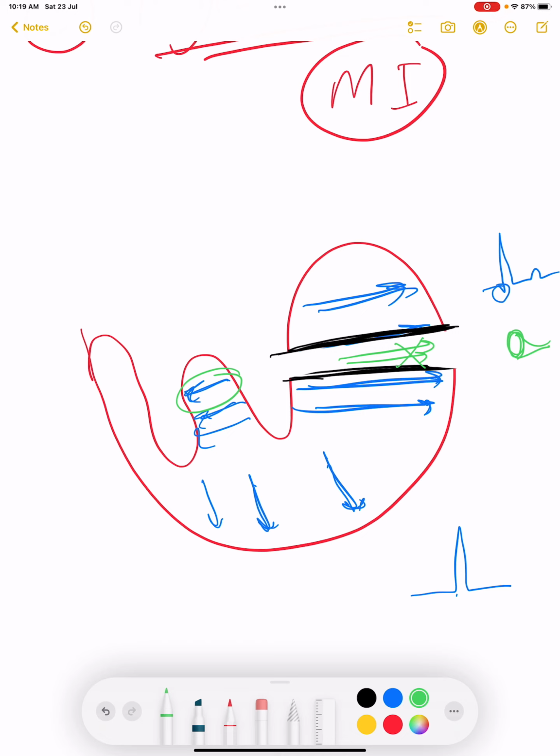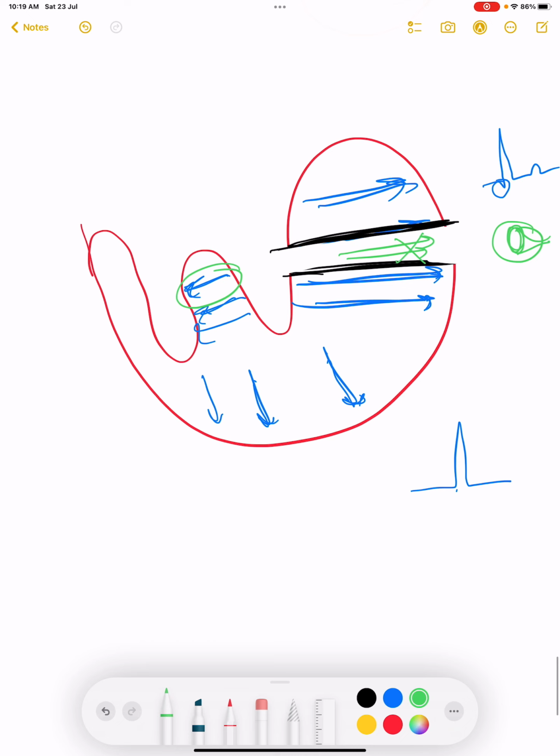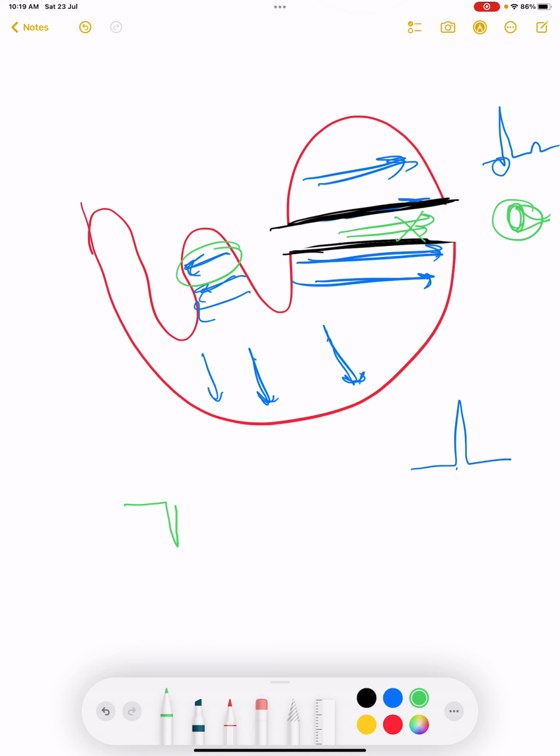That is why I can see only the Q waves. And if I see the heart from here, I will see a deep and wider Q wave, because now the conduction is delayed, because the myocardial tissue is damaged. It will be deep because there is no opposing depolarization, and it will be wider, and then a normal QRS complex, because the neighboring tissue is normally conducting. So there will be a deep and wide QRS complex.